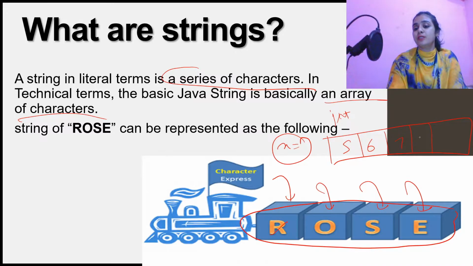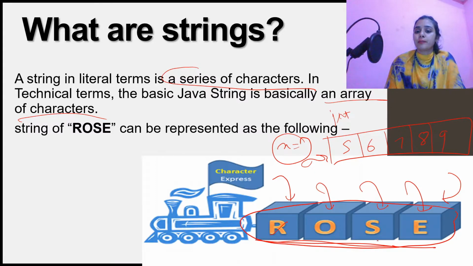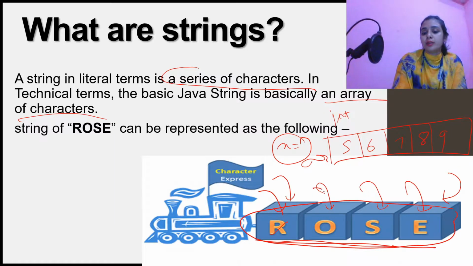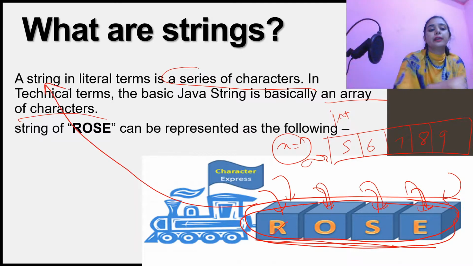Let's say 5, 6, 7, 8, whatever is there. It is similar to that only, so it is called an array of characters. This single letter is a character, and this particular word is called our string.